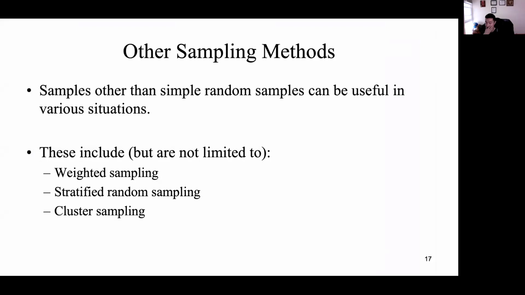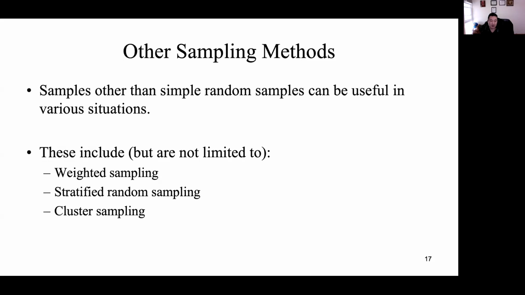For example, in a lottery, the chance for each ticket is similar. But if we want to increase the chance we win the lottery, we can buy more tickets. If we buy 10 tickets, then we have 10 times more chance to win the lottery. So that's one example of weighted sampling.